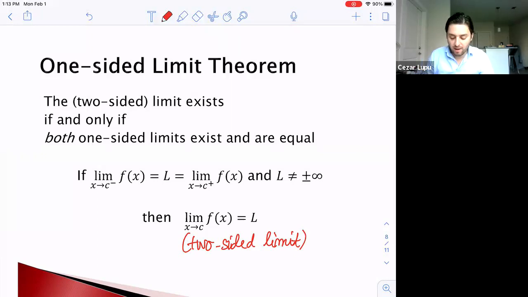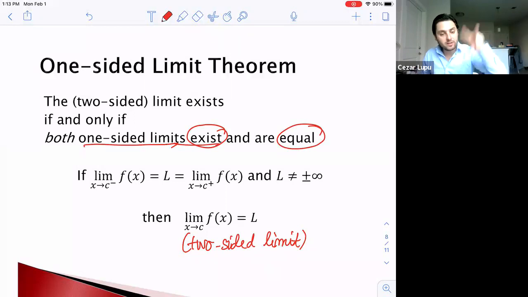So both of them are L, and this L cannot be plus or minus infinity, otherwise it doesn't exist. So this is very important. Both one-sided limits exist and they're equal. So keep that in mind.